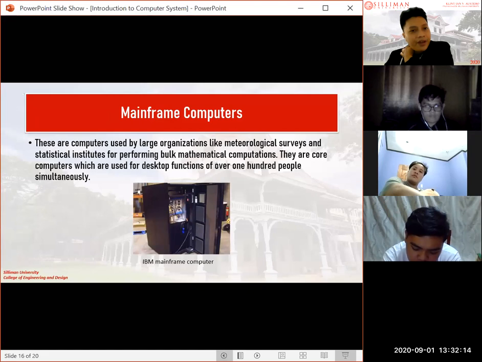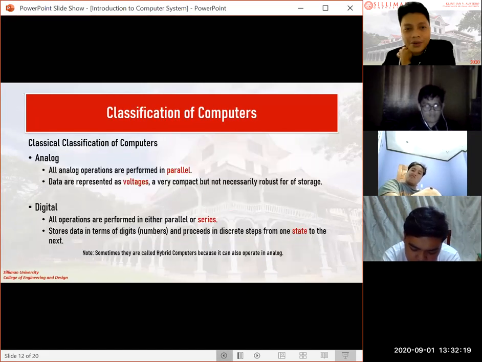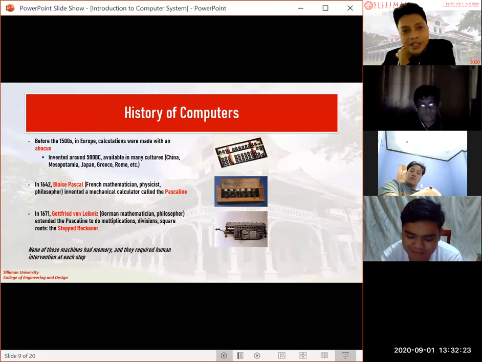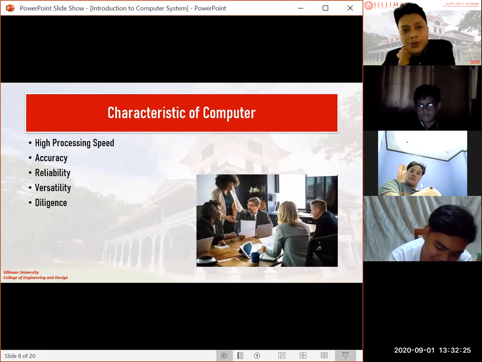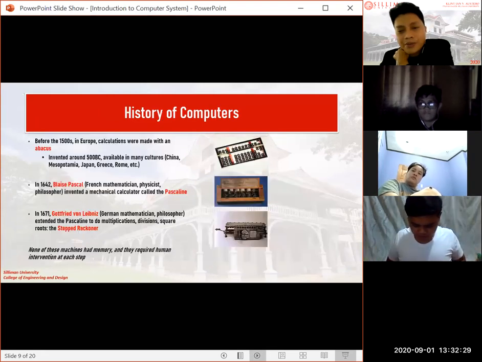So if there are no more questions, today is just a relaxing day. Basically, we are just talking about computers, what's different about computers, what is the history of computers.